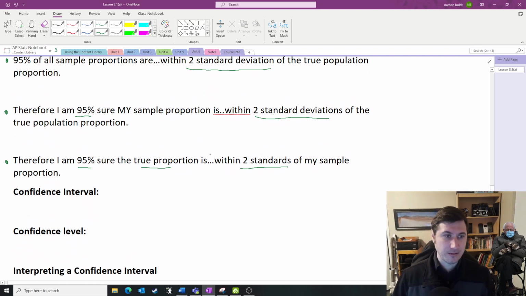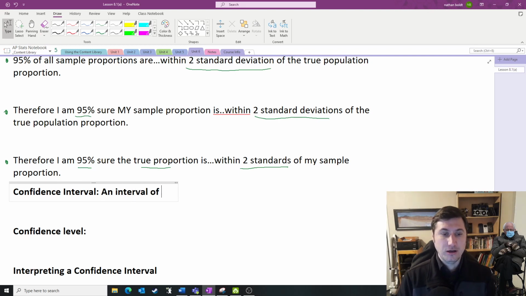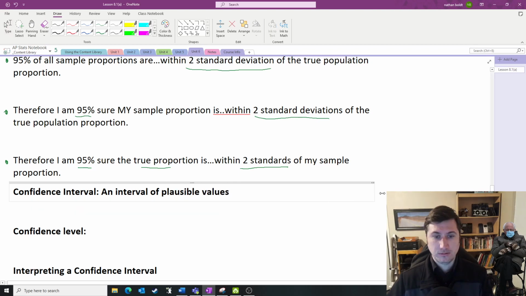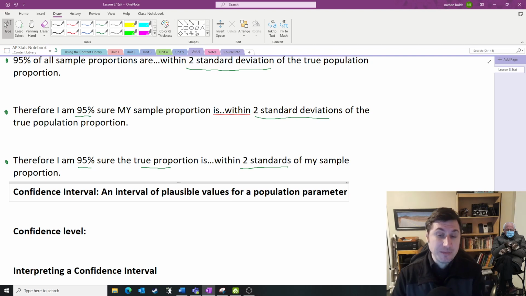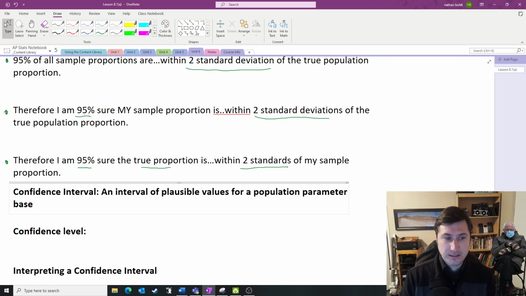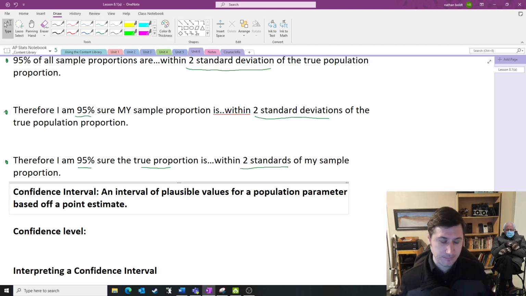Okay? All right, so let's put some definitions down. What is a confidence interval? A confidence interval is an interval of plausible values for a population parameter. We're going to start with proportions, but we are going to do means as well. So I'm just going to say a population parameter based off a point estimate.